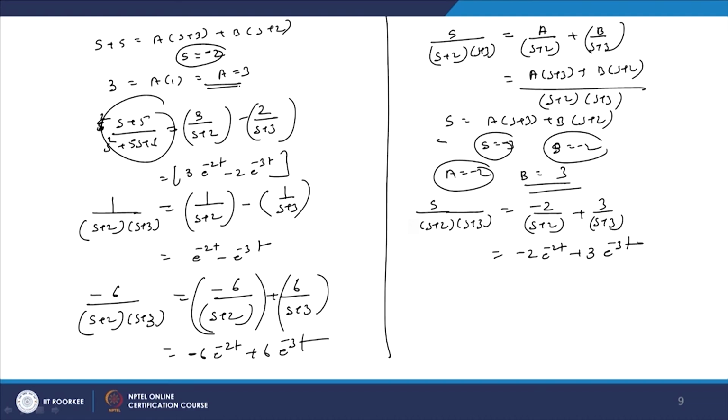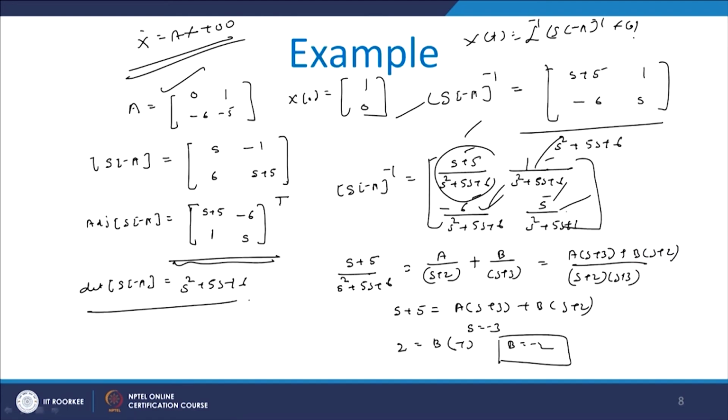So, now we have considered all the individual transfer functions, and now we combine them in one matrix and then multiply with the initial conditions.